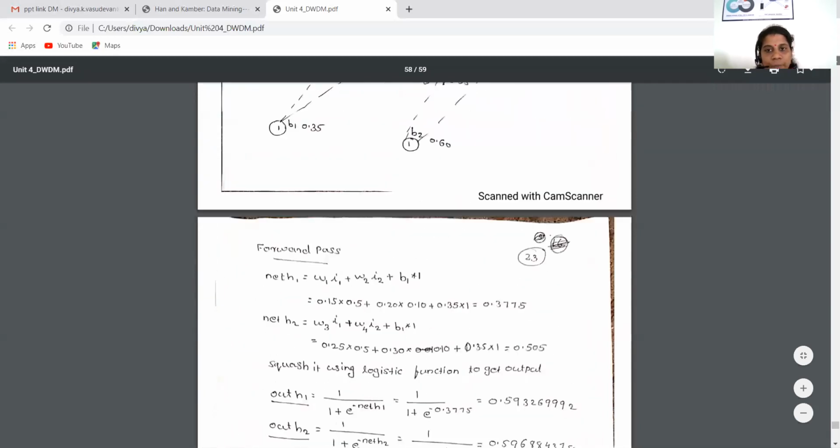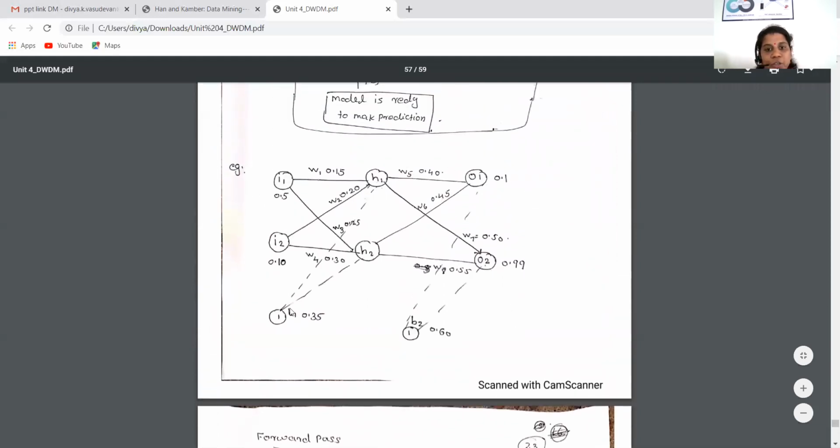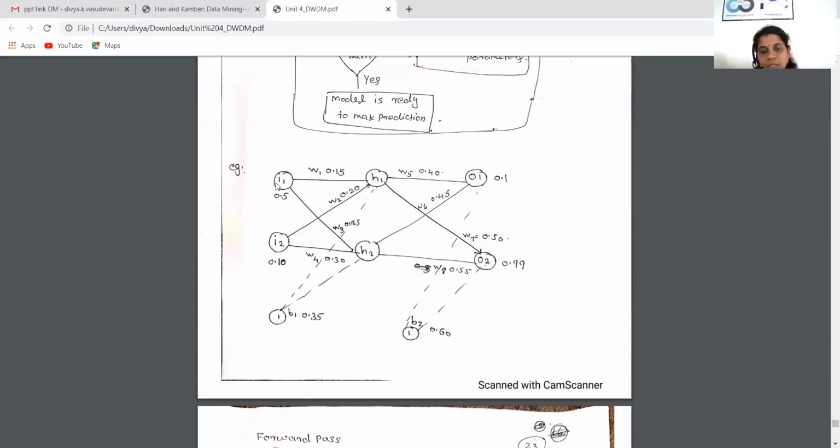When you apply the backward pass, you get new W1, W2, W3, W4, B1, etc. Now again, the same procedure we did in the forward pass needs to be done. That means again calculate net h1 and net h2, and from them calculate out h1 and out h2. Similarly, from the new W5, W6, W7, W8 and B2 values, again calculate net O1 and net O2 and final out O1 and out O2.